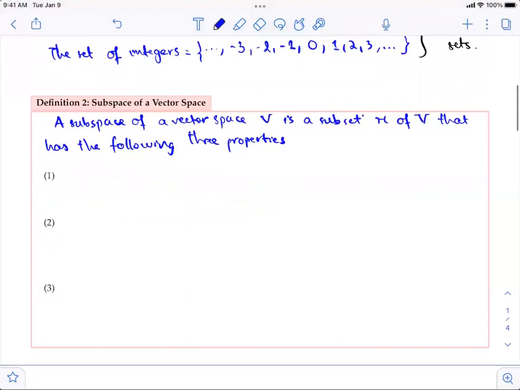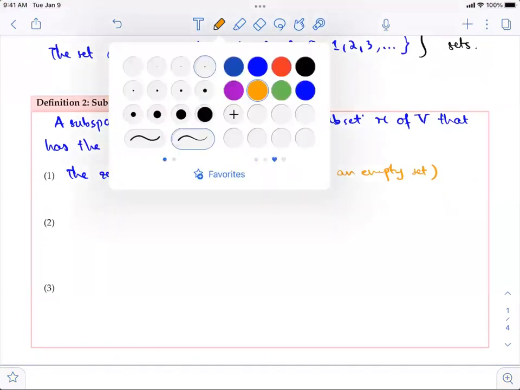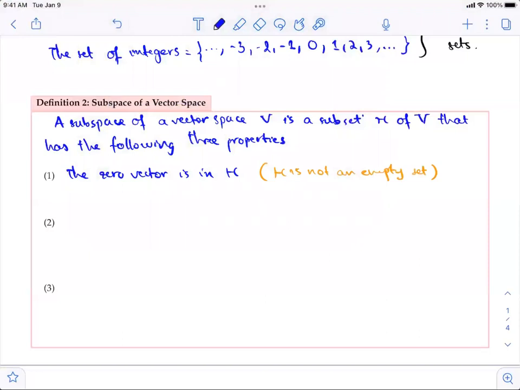The first property is that the zero vector is in H. We need this first property to ensure that the subset H is not an empty set. So we always have to check the very first condition: is the zero vector in the subset H or not.